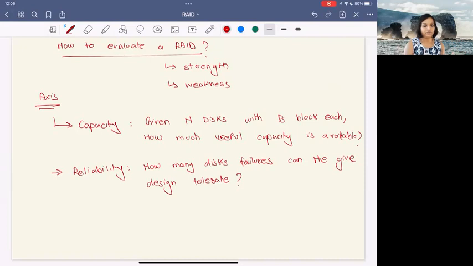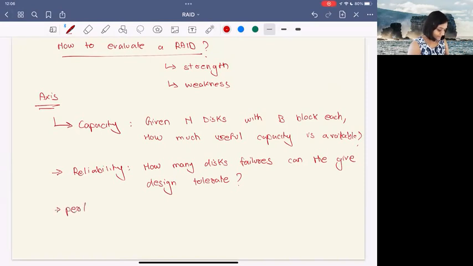Let's say if I have 2 disks and 1 of them failed, is that fine with this RAID? Okay, then it can tolerate 1 disk failure. But if I have 2 disks and both of them failed, is that fine with this RAID? I think it would be great to have such a RAID algorithm, right? Well, maybe you can invent something like that if it's possible. I don't know. But that's exactly what we evaluate on the metric of reliability.